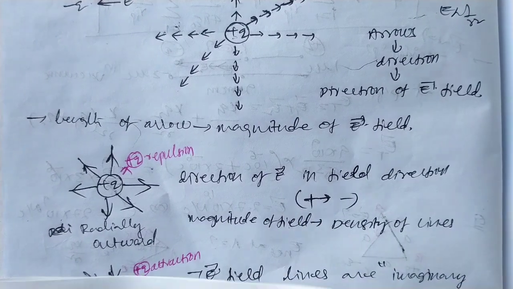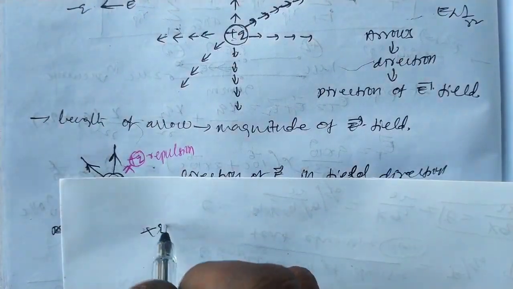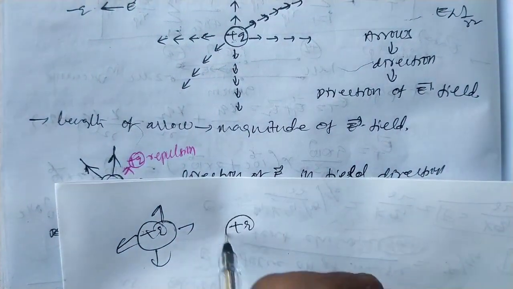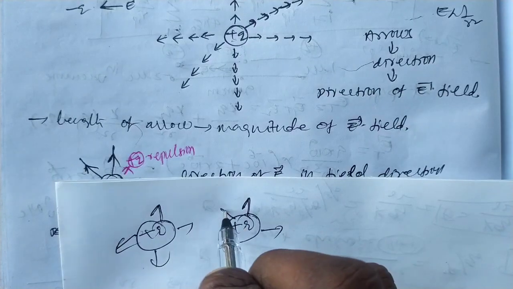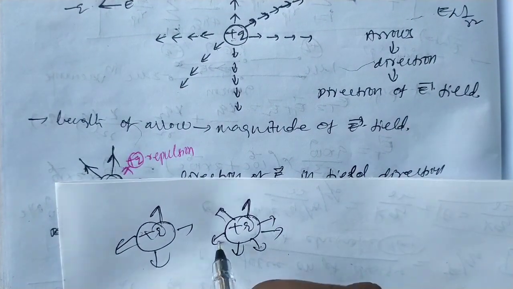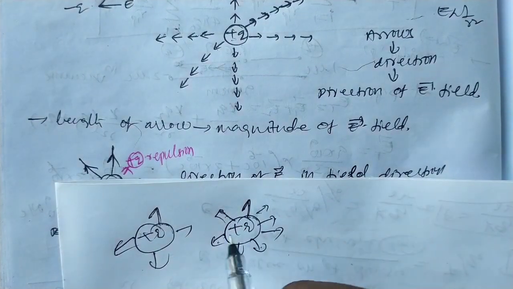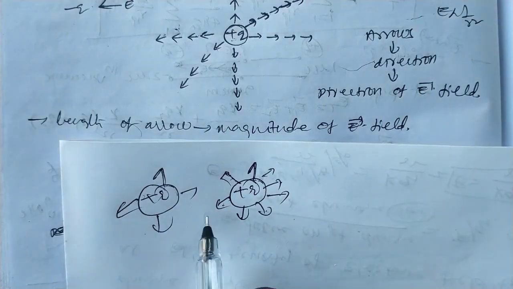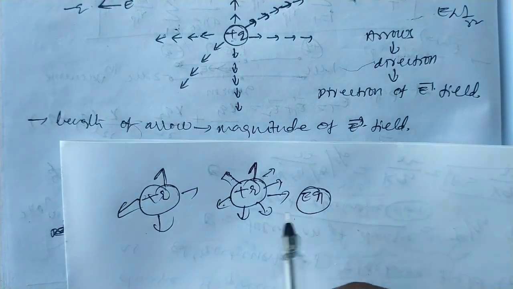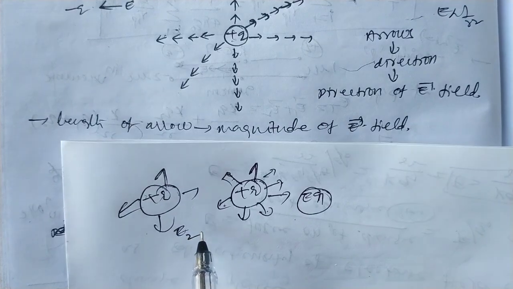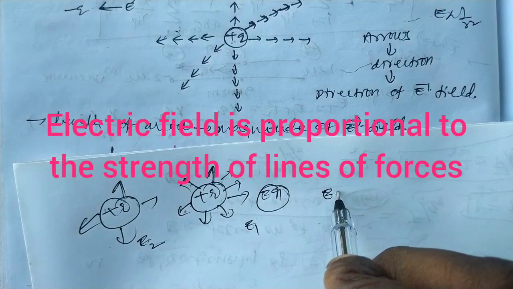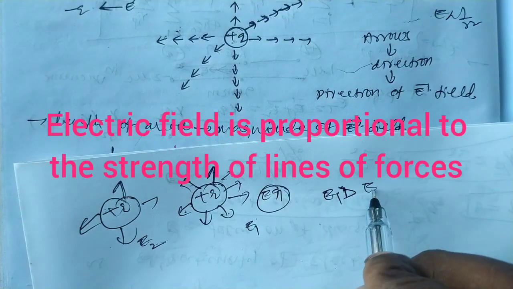Suppose one charge has only 4 lines, and another charge has 1, 2, 3, 4, 5, 6, 7, 8 lines. That means here the electric field lines are more, so we get high intensity, a high electric field, compared to here. Here E2, here E1. That means E1 is greater than E2.